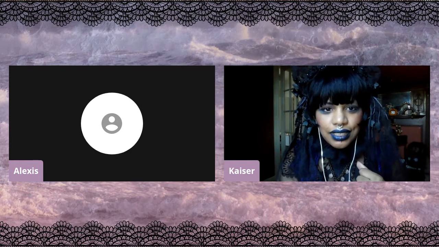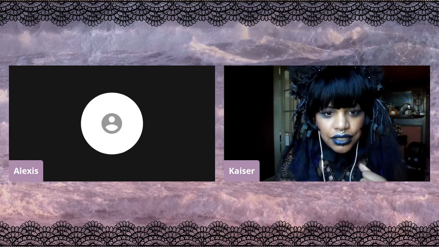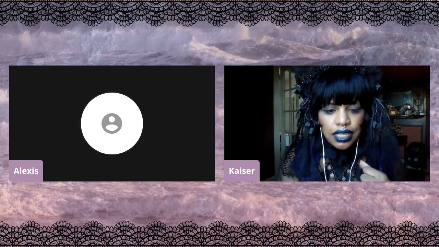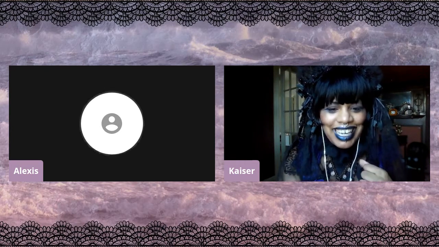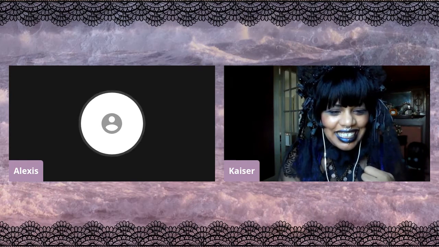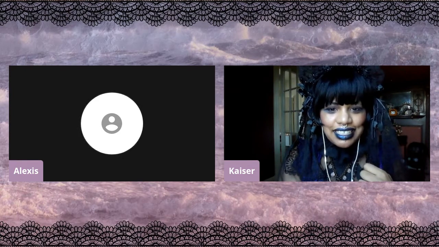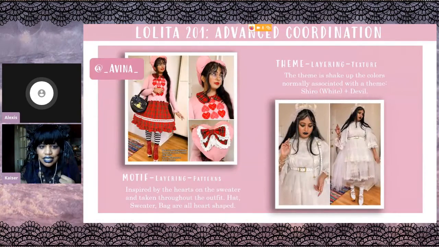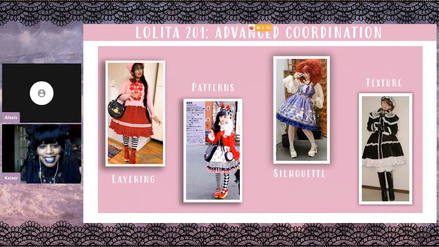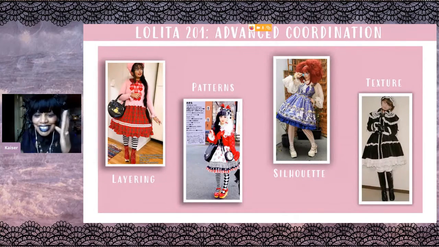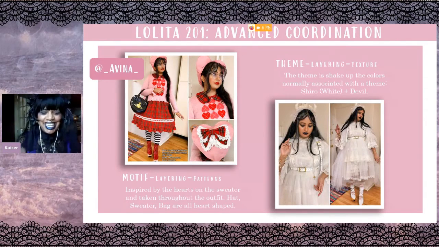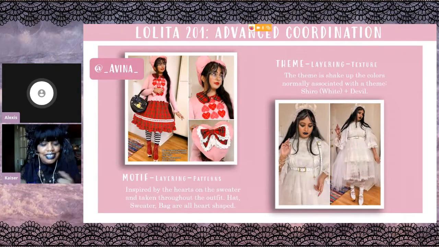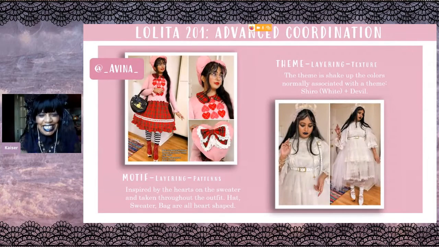Share screen. I'm just going to put the entire screen. Yeah, perfect. Allow. I was asking the wrong questions. It's okay. Thank you, chat, for sticking with me. Can you see this one? Adding to stream. Hang on. Boom. There we go. All right. So, previous slide: layering, pattern, silhouette, texture, and then this is the outfit and the rundown of the outfit. Is it good now? Yes, it is good now. Okay, cool. Sorry about that, guys.